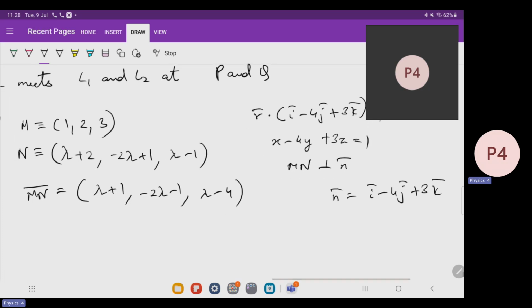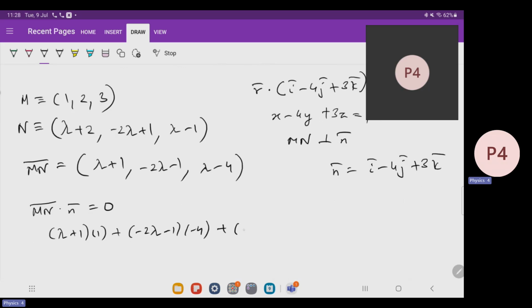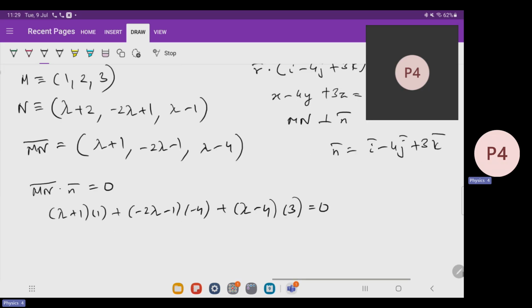So MN bar dot n bar should be equal to 0. So this is lambda plus 1 times 1, plus minus 2 lambda minus 1 times minus 4, plus lambda minus 4 times 3, is equal to 0.